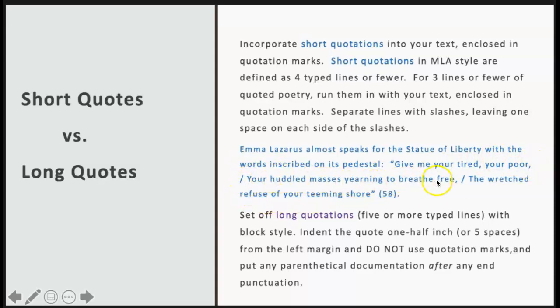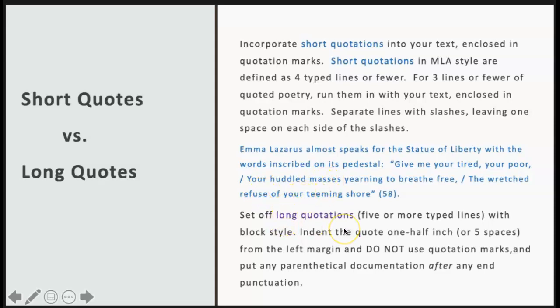"Your huddled masses yearning to breathe free," comma, space, slash, space. Next line of poetry, "The wretched refuse of your teeming shore," close the quote, parentheses for the page, because we've already tagged the author, we just need the page. Open parentheses 58, close parentheses, period after the parentheses. This is a short quote, okay?